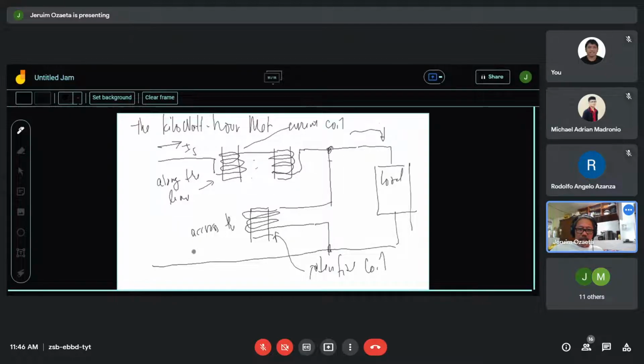This is across the line. Now, when you put here a disc, let's say an aluminum disc, the magnetic field generated by the current in the line will cause the disc to rotate.